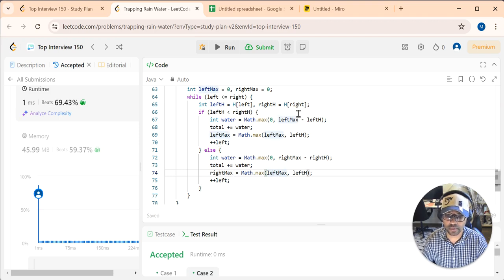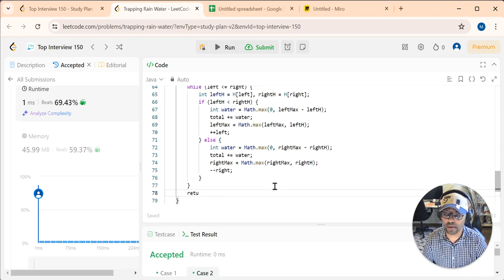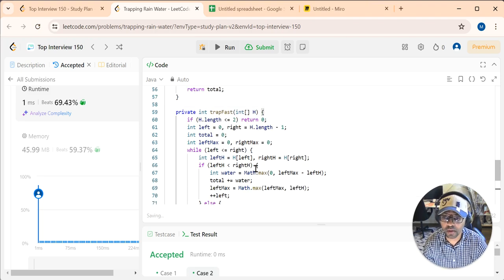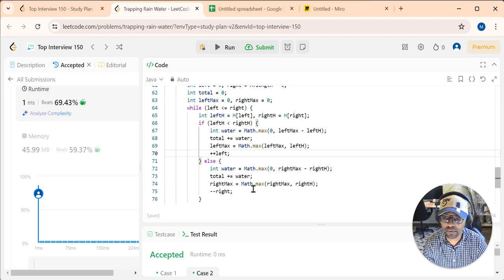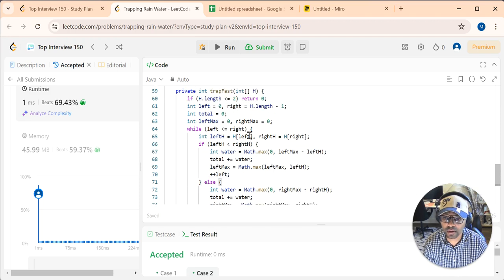Okay, and we do minus minus right. Is that all? Is there anything else we need to do? 1 second. We have updated left in one case, we have decremented right in the other case. Am I taking care of all the negatives? Yeah, I think so.